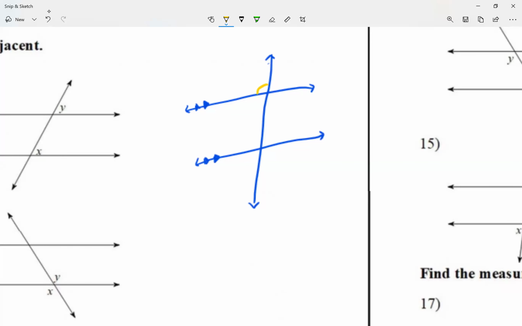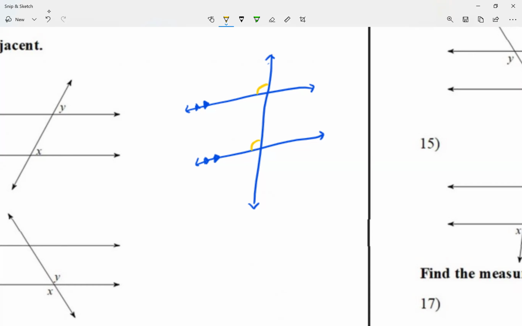Remember, an angle is a corner. If I was to copy it, and let's say it was a piece of paper, and I was to cut out this corner and overlap it on the other side, which angle would that be? In that case, it would be this angle.